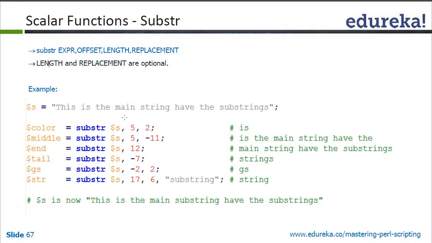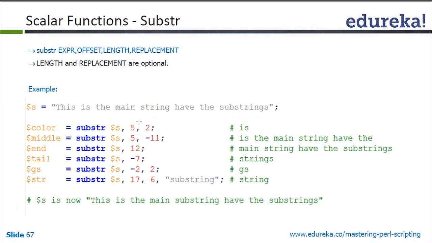So for example, this is the main string which we have: this is the main string, have the substrings. Okay, so $color equal to substr($s, 5, 2).